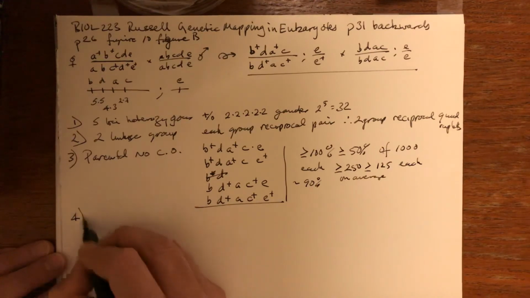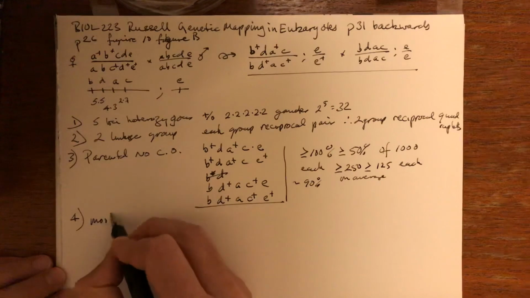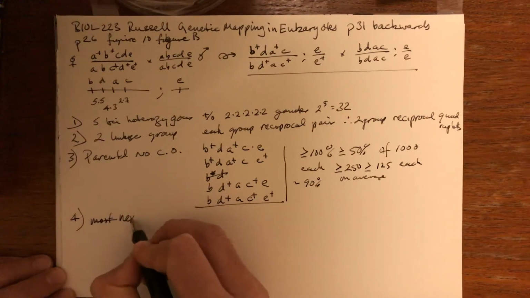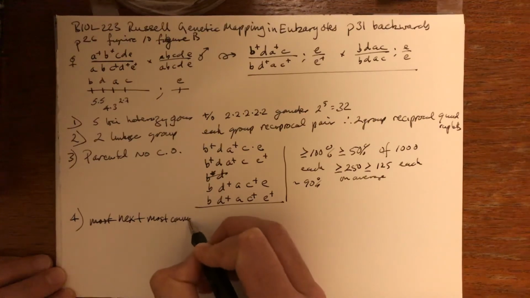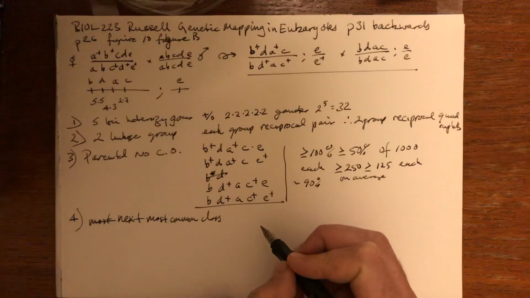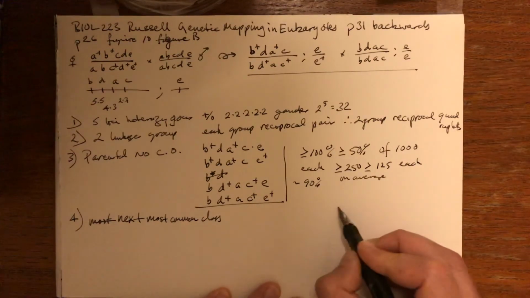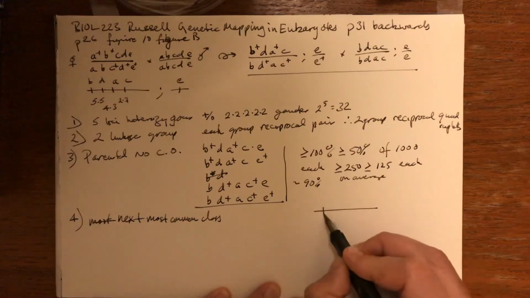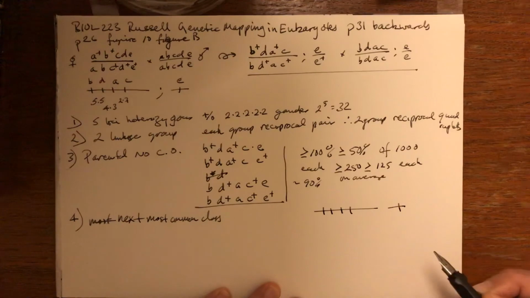And the next will be thinking about what's going to be the next most common class. So let's think of it this way. I'm going to end this video with this discussion before we go. We have 4 loci in one group and one on the other.